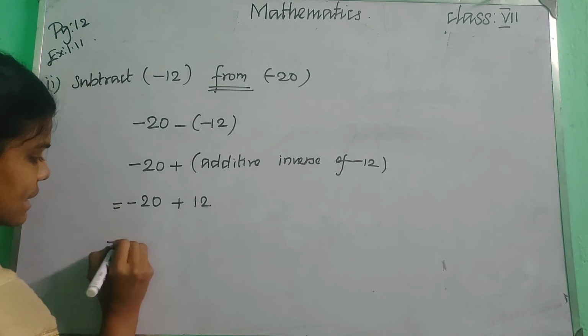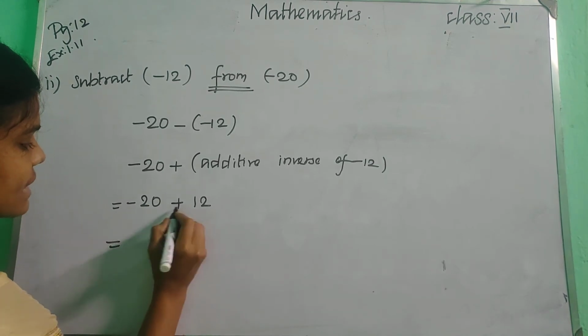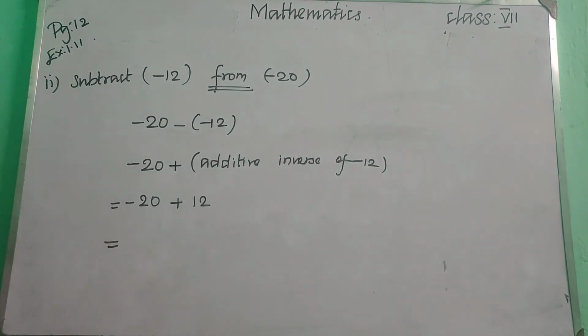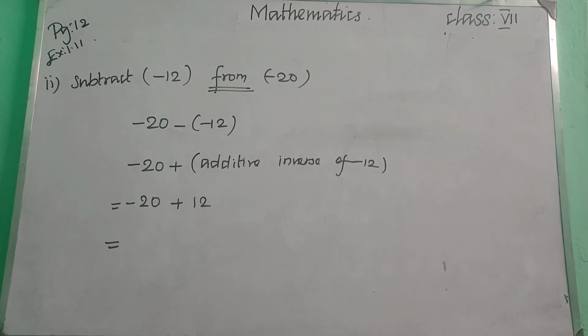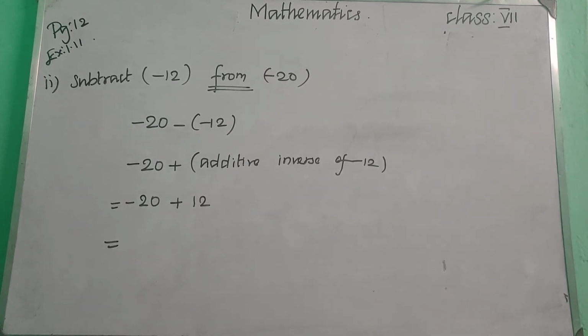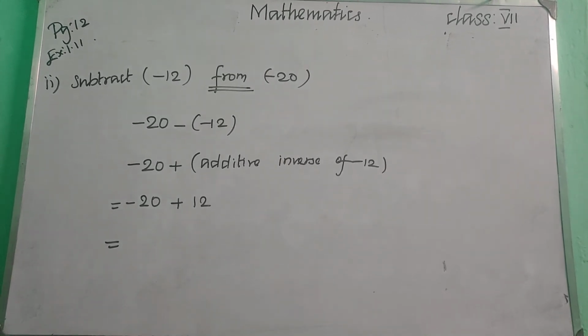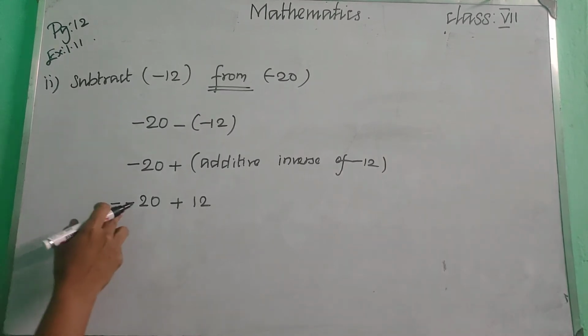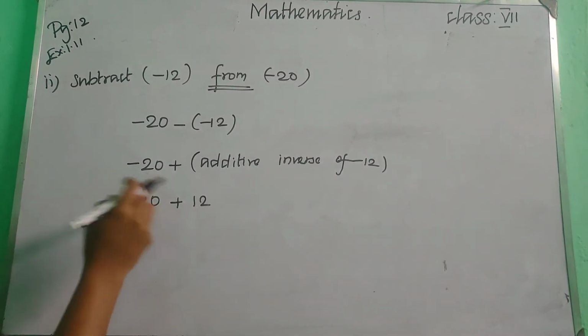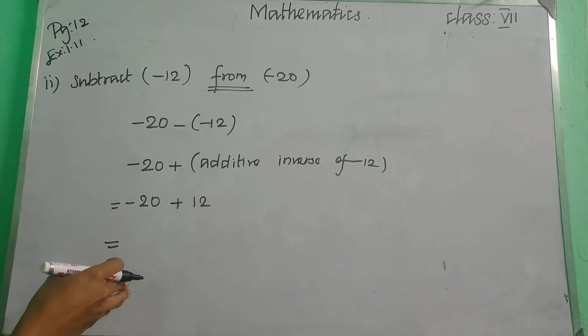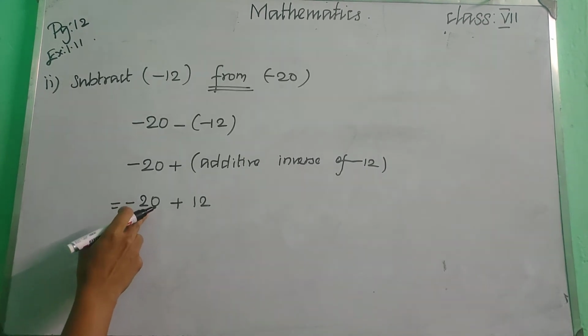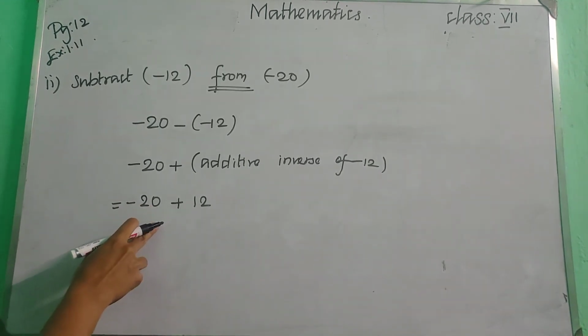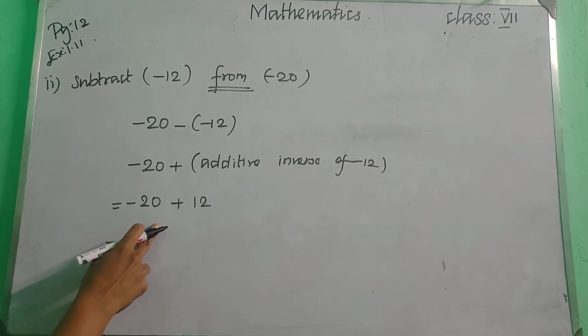So what is the answer? Here we are having different signs, right? Minus and plus. So 20 minus 12 will get the answer as 8. Okay, so we need to put the greater number sign. Minus into plus, so we need to subtract and put the greater number sign. So while subtracting 20 minus 12, what will you get? 20 minus 12 is 8.